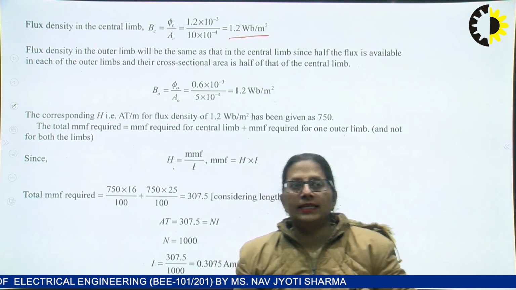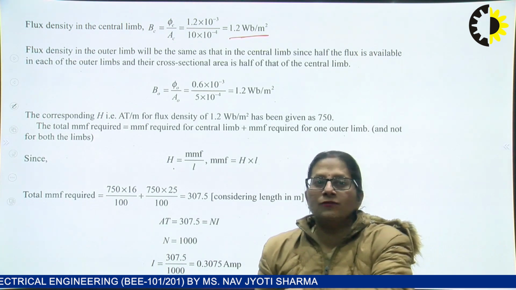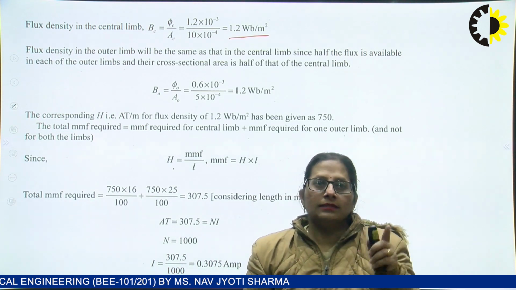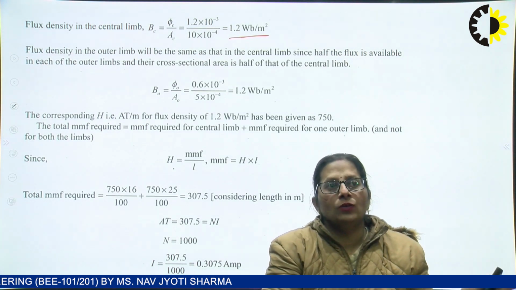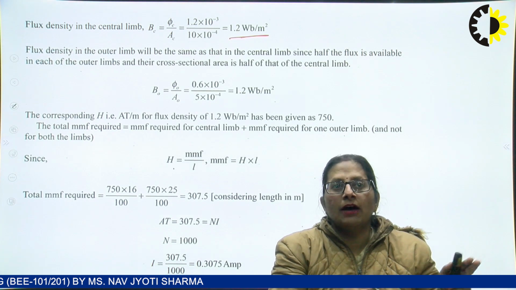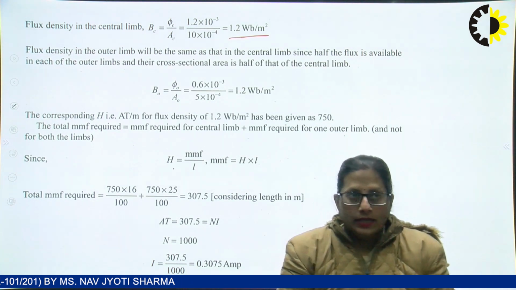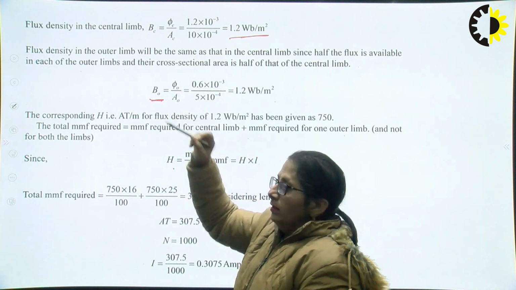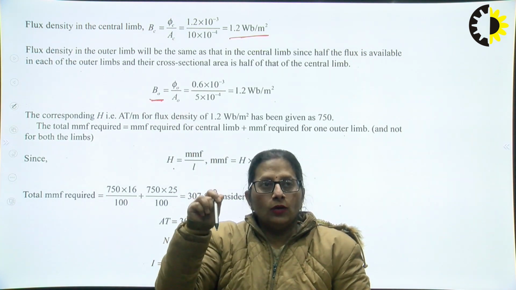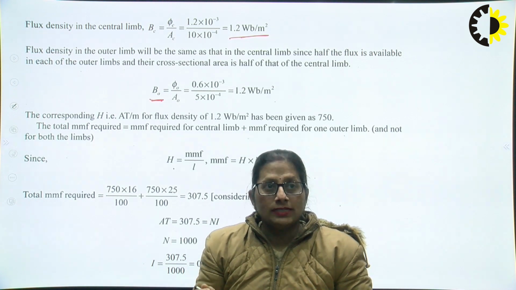Similarly, the flux density in the outer limb will be the same as that for the central limb, since half of the flux is available in each of the outer two limbs, and their cross-section area is half of that of the central limb, right? So we'll be having B0 equals phi 0 upon A0. Now in this case, phi 0 is half.